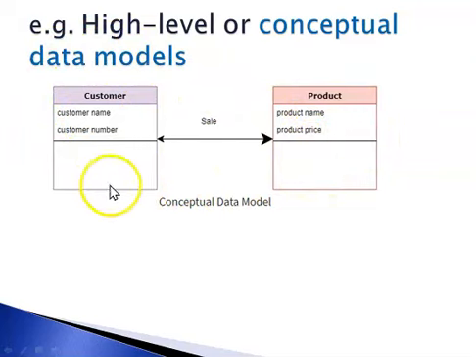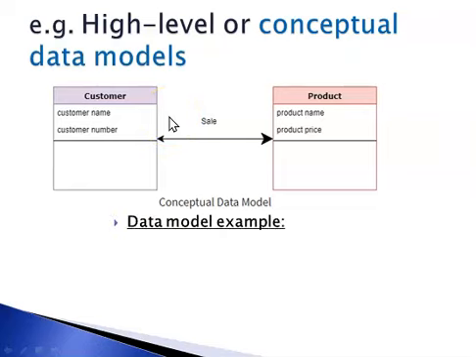The attributes of the customer are customer name and customer number, whereas the attributes of the product are product name and product price. The relationship between customer and product is sales. So basically it is the products that are sold to a customer. In this way, information can be represented using a conceptual data model.